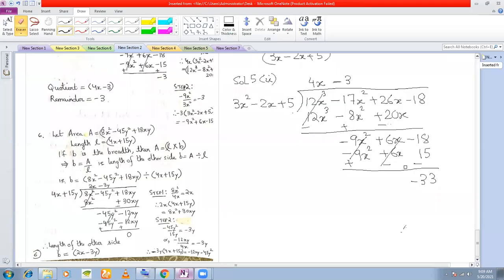So if this should be minus 15, this should be a plus sign. So this should be minus 3. So therefore, the quotient here is 4x minus 3. The quotient is this top one.